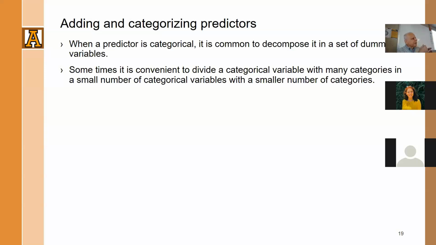A category if you own the house, another if you rent the house, another if you are living there for free, another if the house is in the name of your father or whatever. So they have multiple categories, but in fact, what matters is whether you own or do not own, for example. Then you change all those categories for two categories.